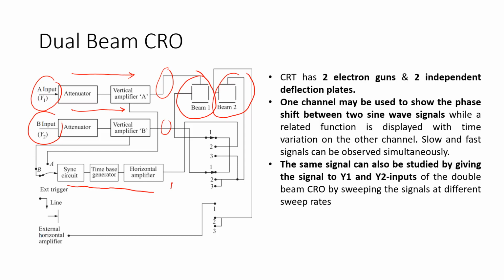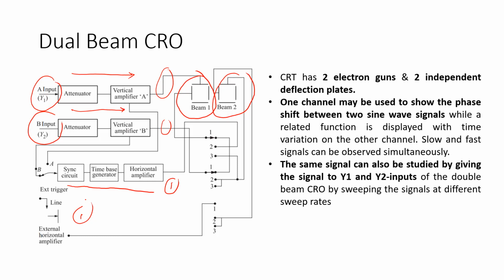The first one comes from the synchronization circuits, and the other is from the external circuit. The function of the vertical amplifier and horizontal amplifier is similar to the conventional CRO. So the vertical amplifier is used to amplify the y-axis, while the horizontal amplifier is used to amplify the x-axis.